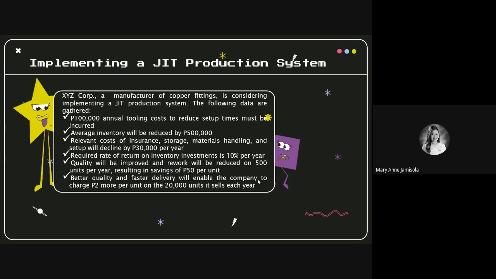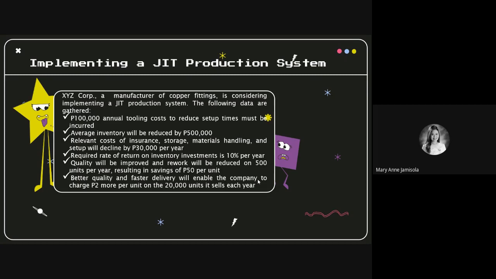So that is 20,000 units times 2 pesos. So the increase will be 40,000, right? So add all the benefits, you will get 145,000.